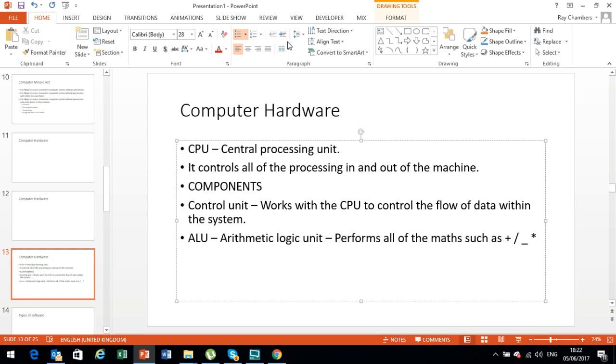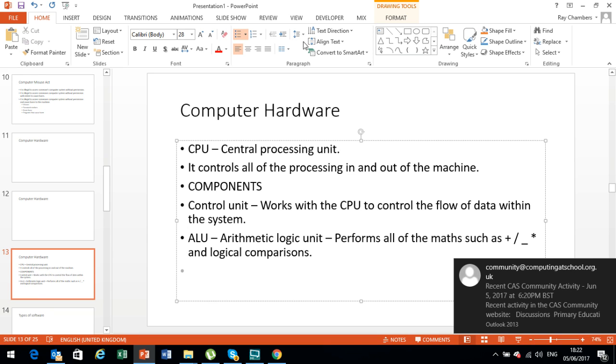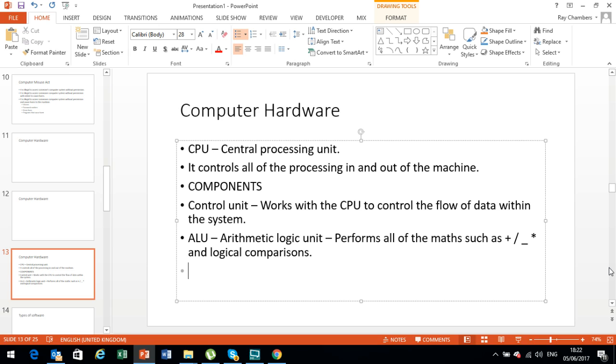So it provides all the maths and logical comparisons. You've got the control unit and the ALU, and these 2 areas are basically there to pass the data around. Now, I'm going to move on.